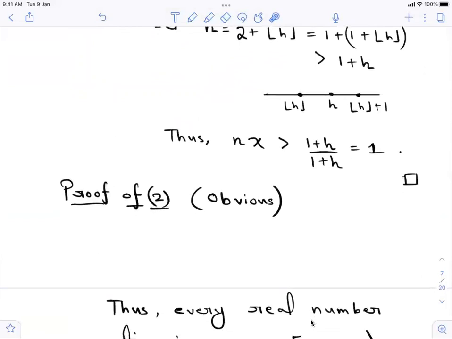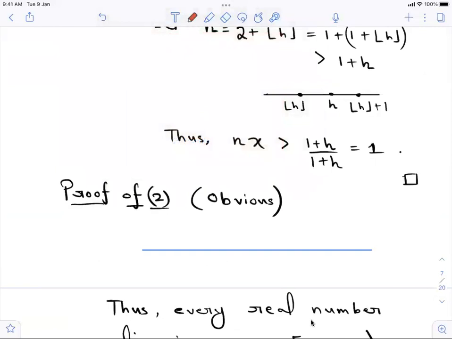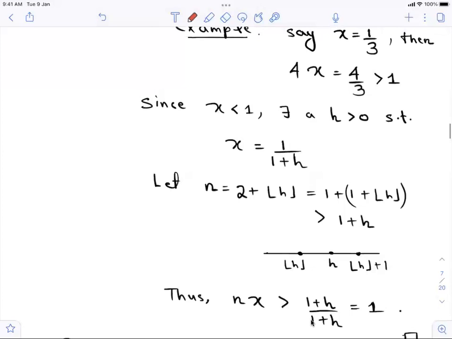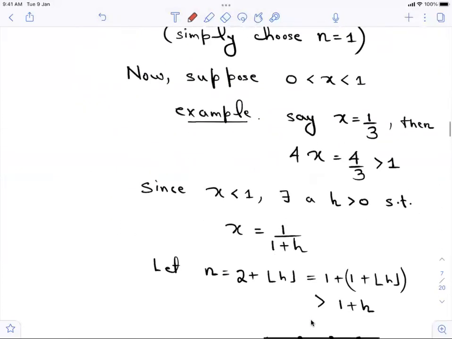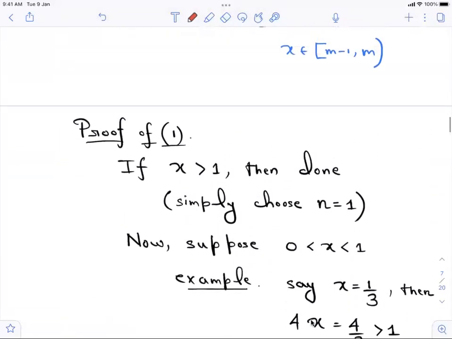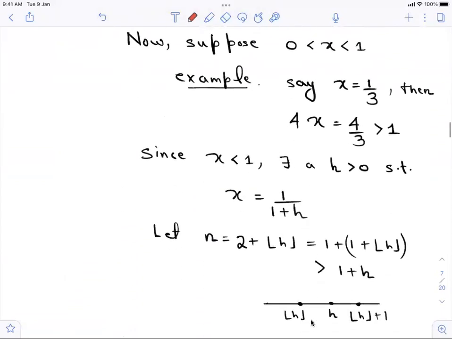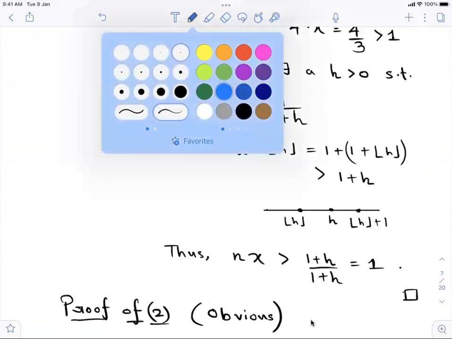So suppose we have this real number line, and I plot x here, and I have to find an integer m such that x belongs to the interval closed at m minus 1 and open at m. Okay, so what am I going to do here?